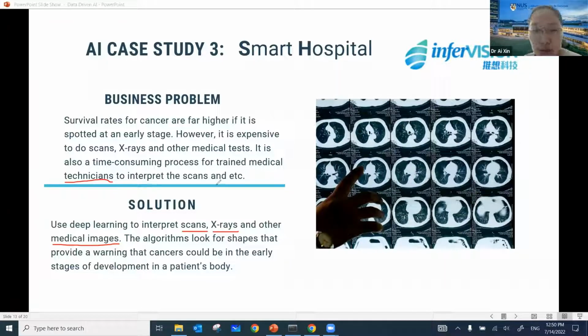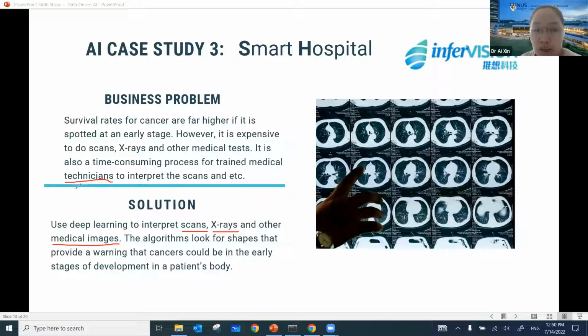So this part, the technology is quite mature already, but I think the bottleneck is how we can let the AI model assist technicians. Because we cannot really rely 100% on a machine to read those important medical images, right?